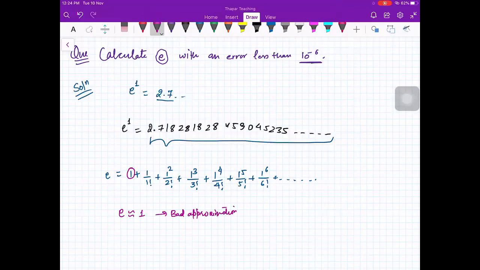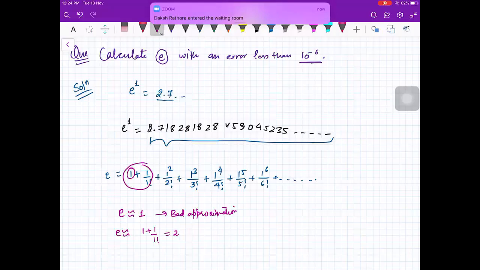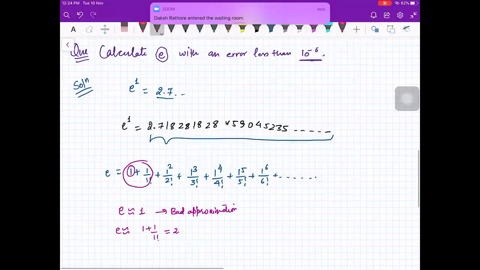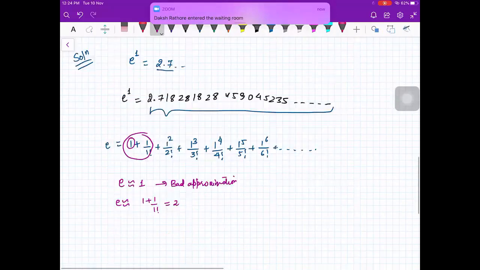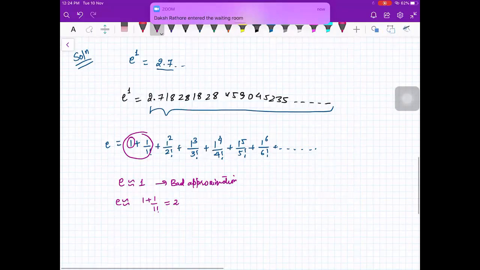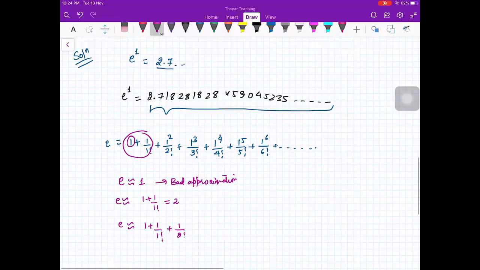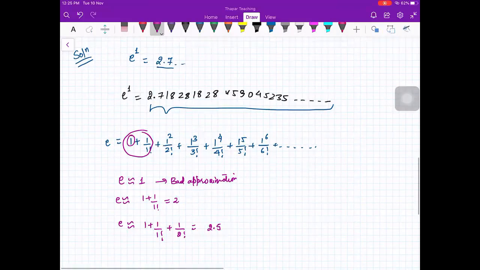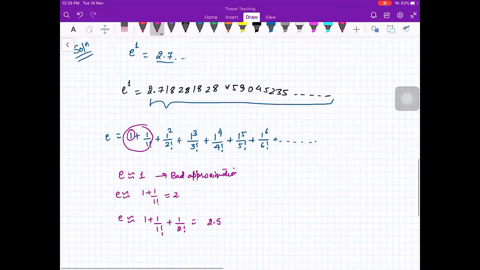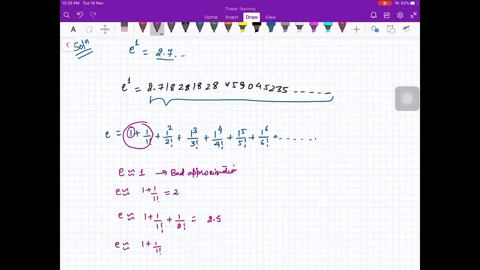Then I can approximate e with the first two terms. That is equal to 2. So somewhere you are close. Then I can approximate e with the first three terms: 1 plus 1 by 1 factorial plus 1 by 2 factorial. That will be 2.5. Then I can approximate with the first four terms: 1 plus 1 by 1 factorial plus 1 by 2 factorial plus 1 by 3 factorial. So that is 2.5 plus 1 by 6.